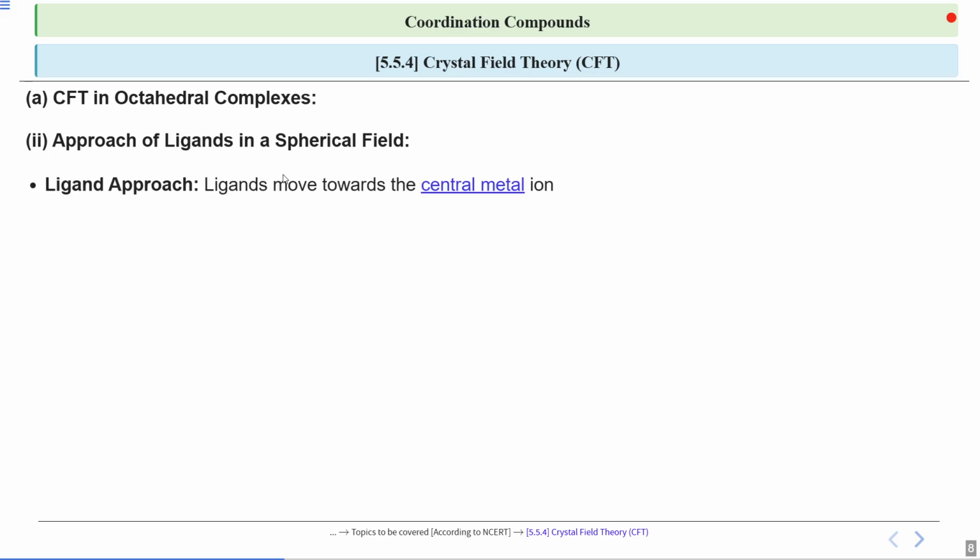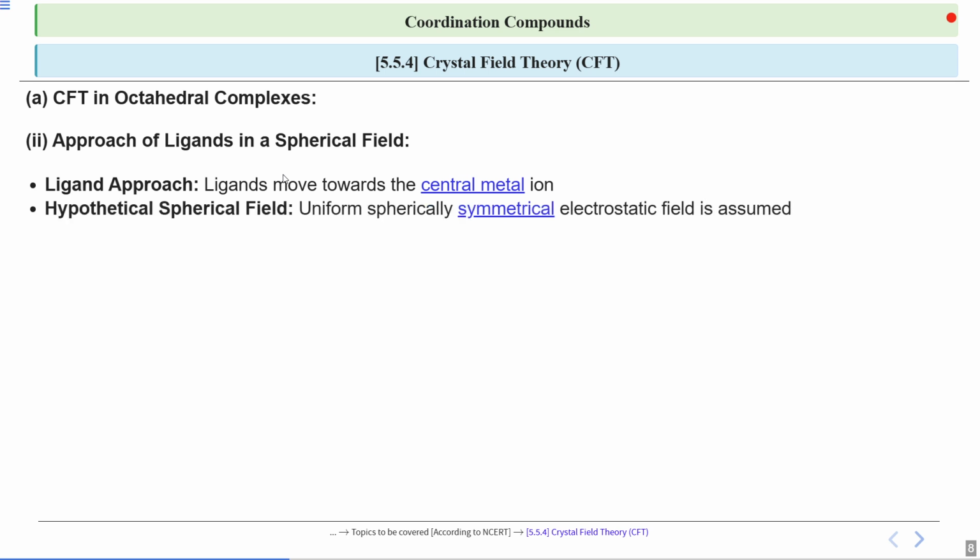Ligand approach means ligands are going to move towards the central metal ion to form the bond. Then, for the hypothetical spherical field, a uniform spherically symmetrical electrostatic field is assumed. We assume that we have a hypothetical spherically symmetrical electrostatic field around the metal ion.